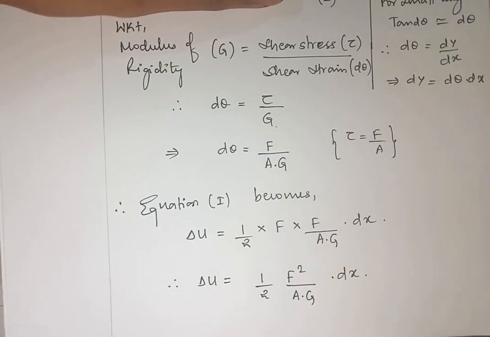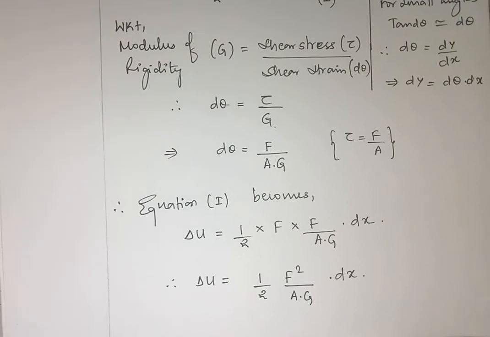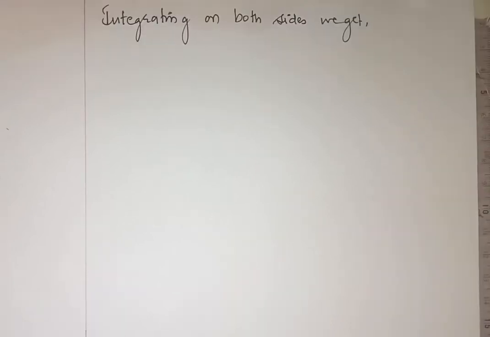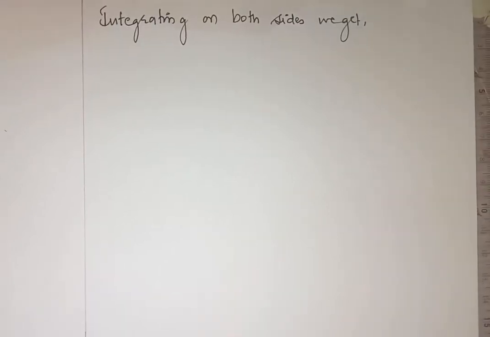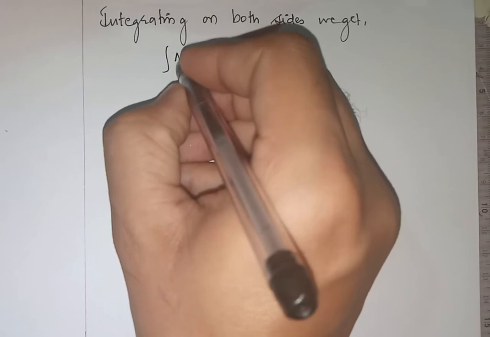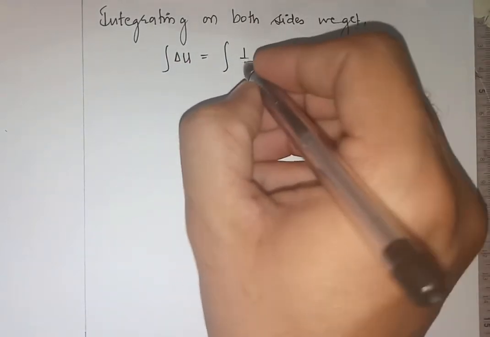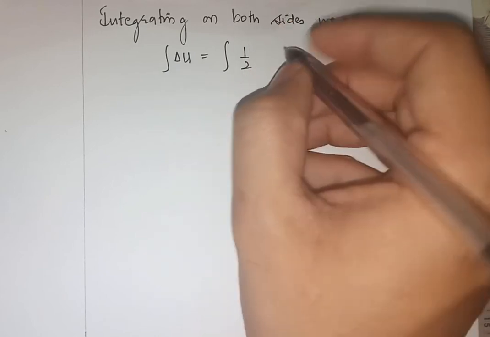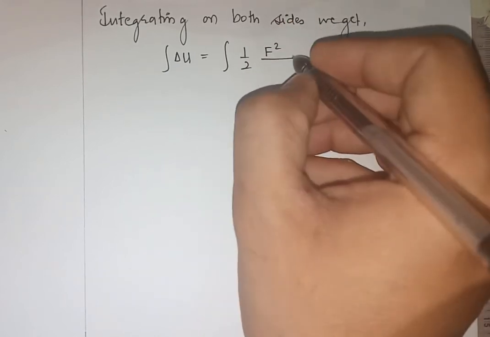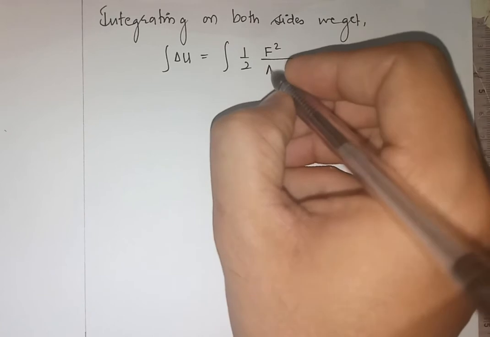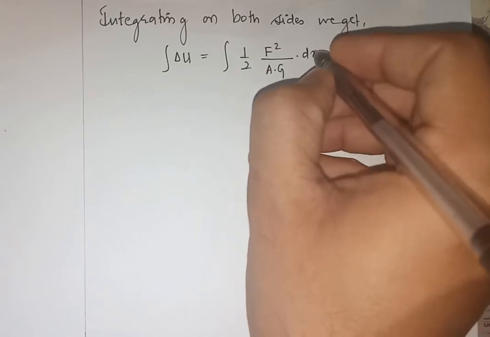So if you just integrate it for the entire length, then we'll be getting the total strain energy stored in a particular member because of shear force. So I need to integrate it on both the sides. So integrating it on both sides, we get del u is equal to integration of 1 by 2 f square divided by ag into dx.